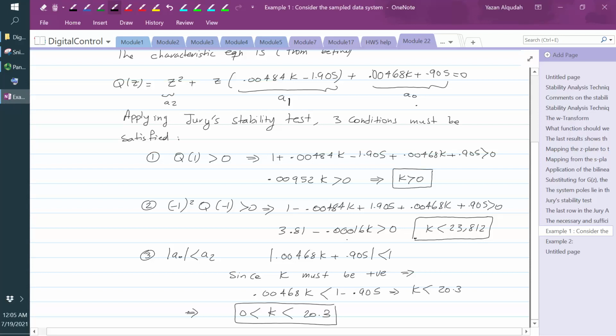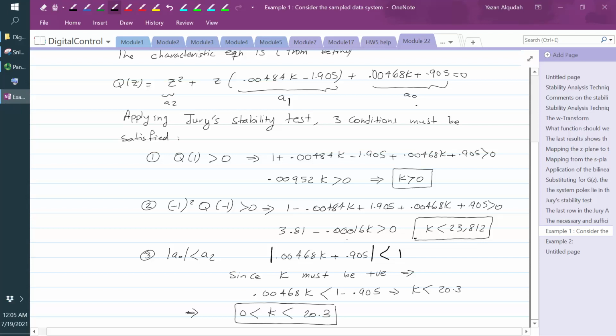Now the third condition: we want the absolute value of a0 to be less than a2. Therefore I want the absolute value of 0.00468k plus 0.90505 to be less than 1.